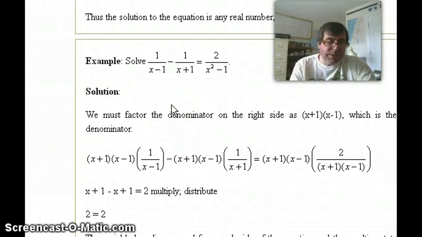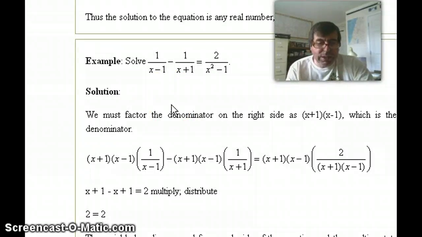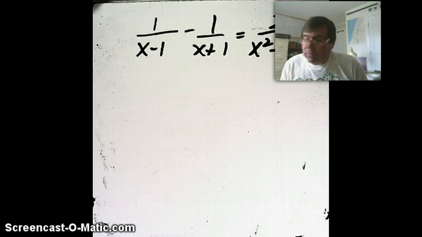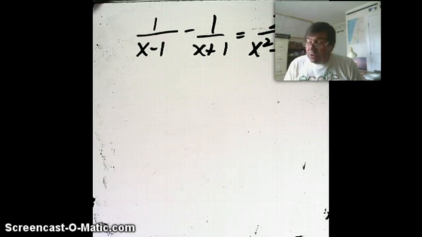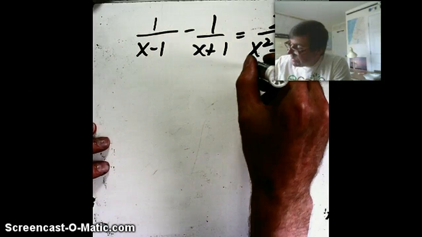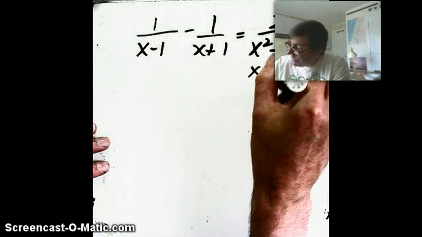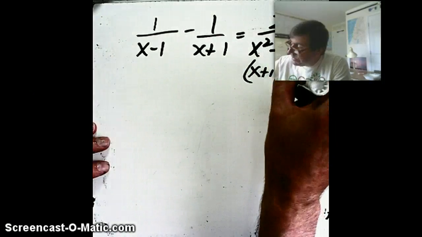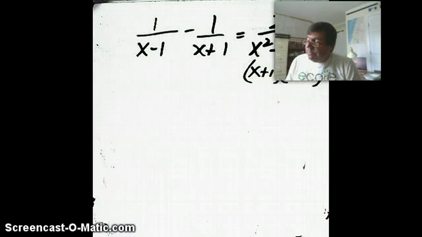So what I'm going to do is pause, and I'm going to show you how to do this problem right now. Now here's this problem right here. If you look at the basic video, I showed you a couple of ways to do this. I'm going to do this in a way that I think overall makes the most sense. Notice over here, that's a difference of two squares, so that denominator is really that denominator.